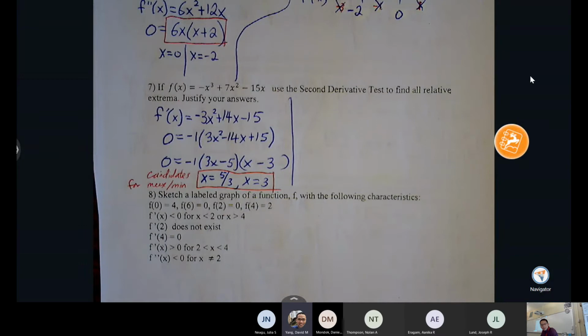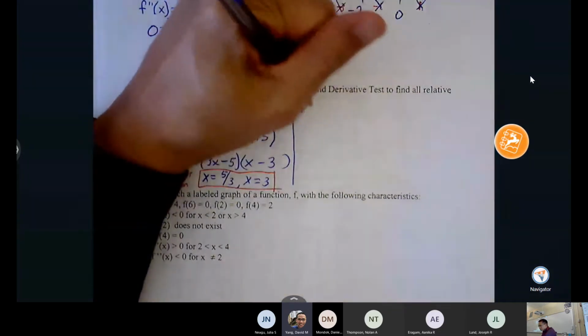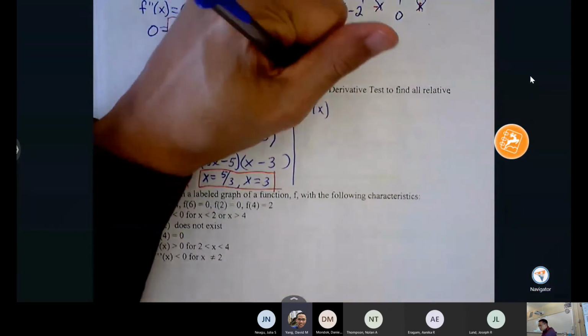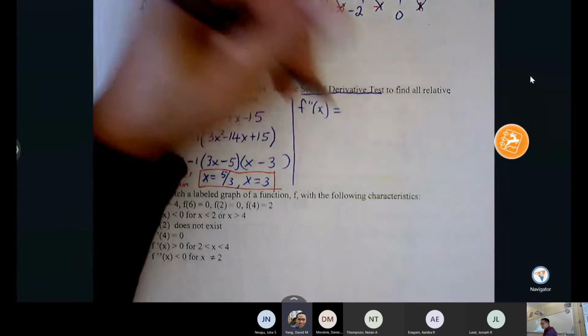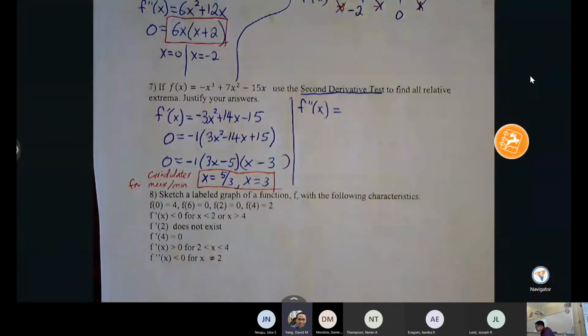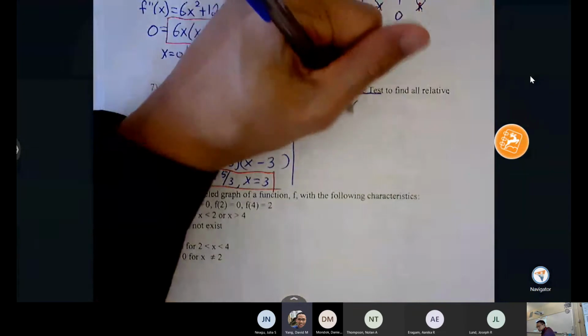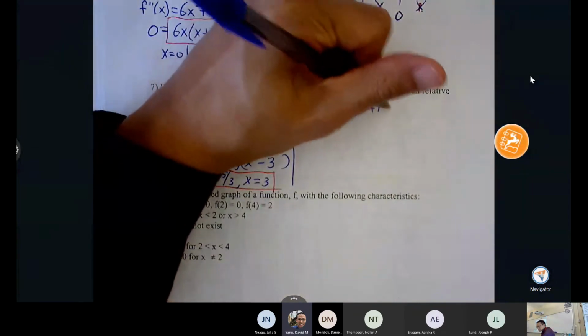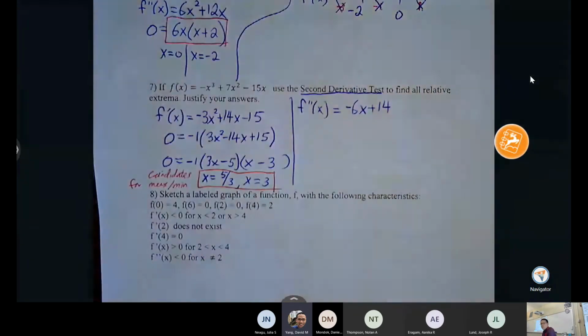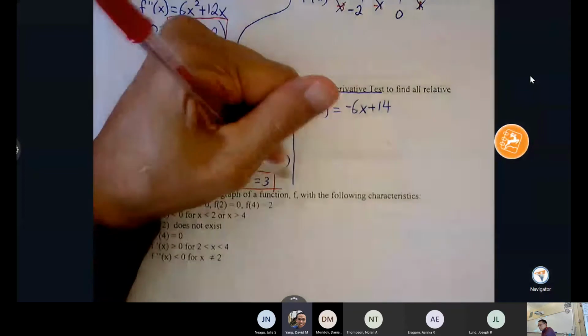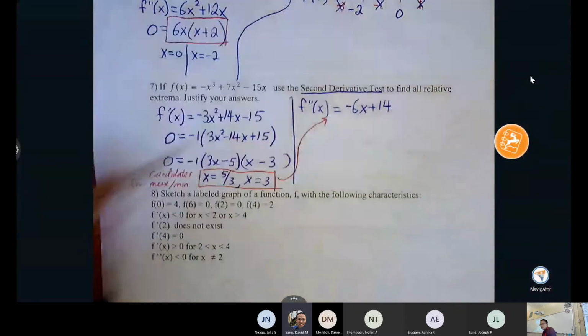So now to test these candidates, we're not going to use a slope sign line. We're going to rely on the second derivative function, hence the name second derivative test. Okay, plug the critical points in.